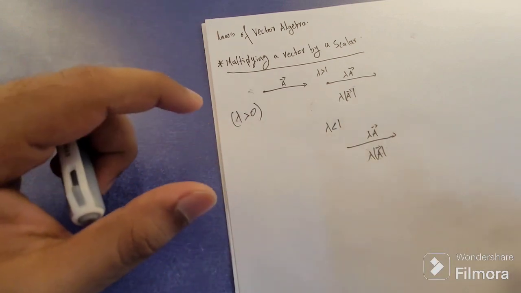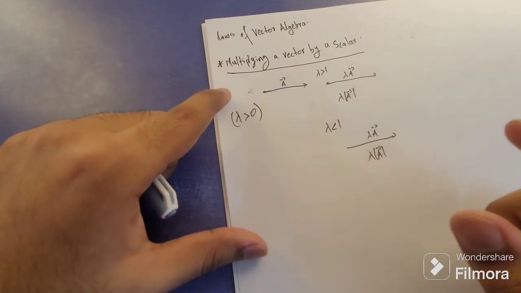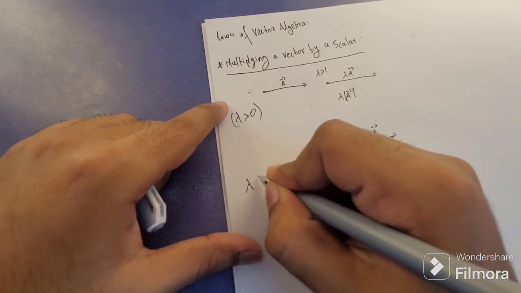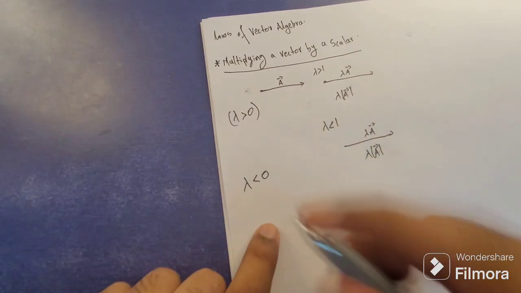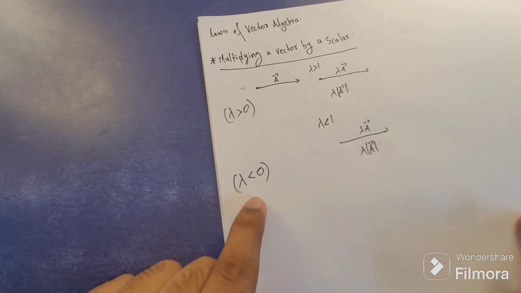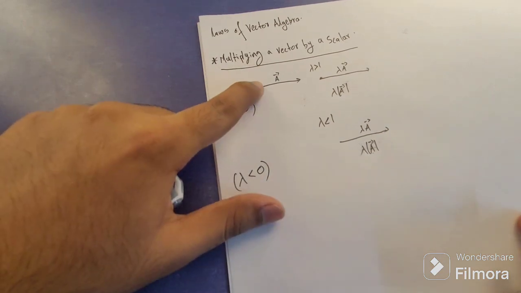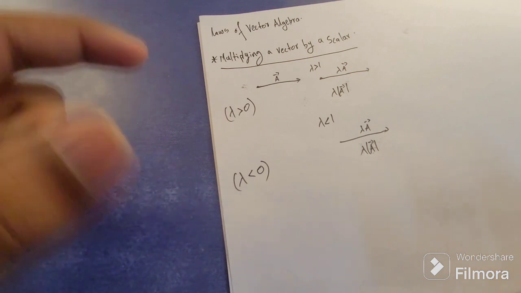Now the direction will only change in one scenario, where lambda is less than 0. If lambda is less than 0, it just means that we are multiplying the vector by a negative real number lambda.